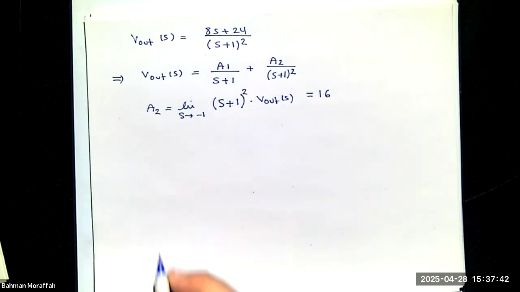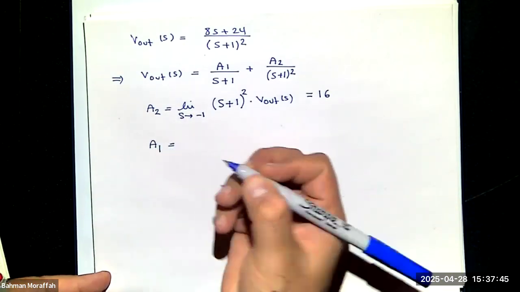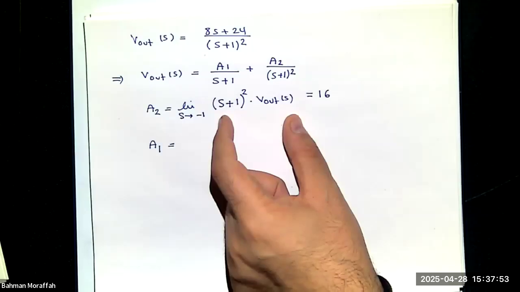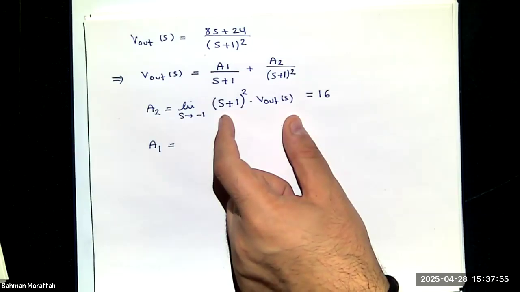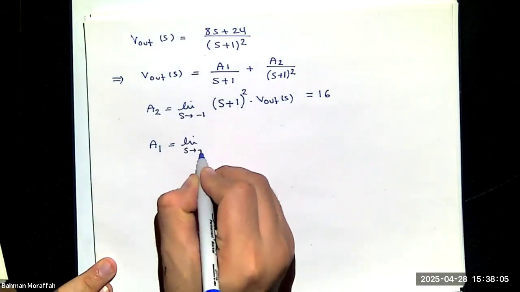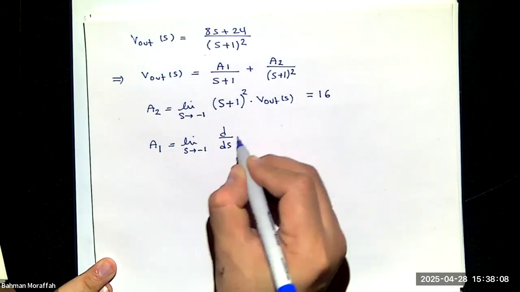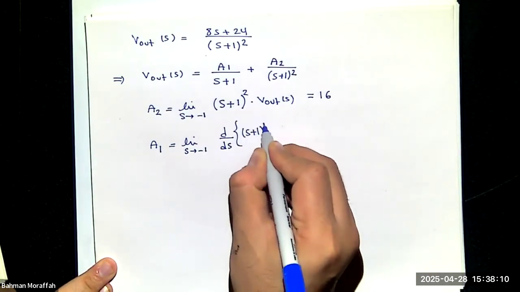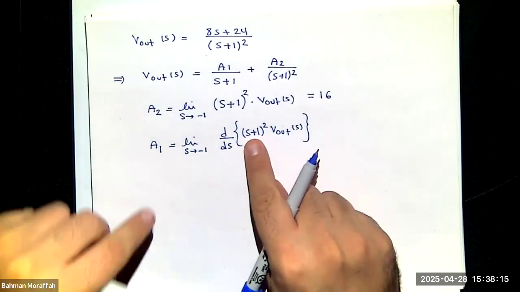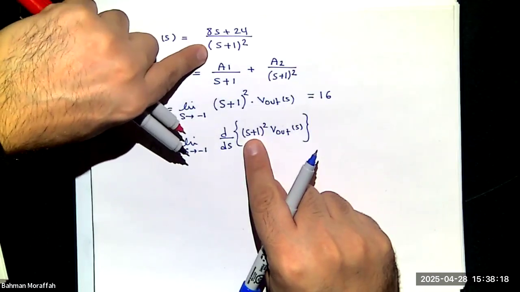Right? How about A1? How do we do A1? To find A1, we have to take the derivative of this one. Remember? That's basically the case 2 that we had when we were doing the Laplace inverse. So that's the limit as S goes to -1 of d/ds of (S plus 1) squared times V out of S. This (S plus 1) squared and this (S plus 1) squared cancel each other out.